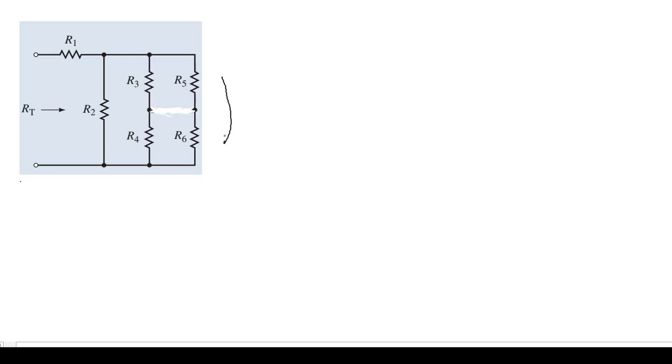That means R5 and R6 now are in series because the same current goes through both. The same thing, R3 and R4 are in series. So if we calculate this, the total of R5 plus R6 equals 18, because one of them was 12, the other one was 6.